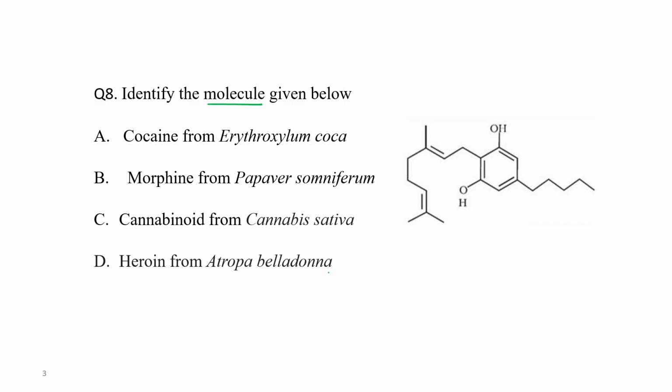It is a very, very important question. You can very quickly analyze that this structure belongs to a cannabinoid from Cannabis sativa. So choice number C would be the correct answer.